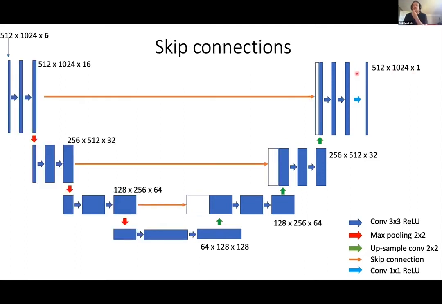A key feature of Unets, and something that was mentioned similar to the last presenter, is these skip connections. These are connections between layers in the encoder, the contracting path, to the same hierarchical level in the decoder, the expanding path. What this does is it allows information to flow directly from the high resolution input to the high resolution output.